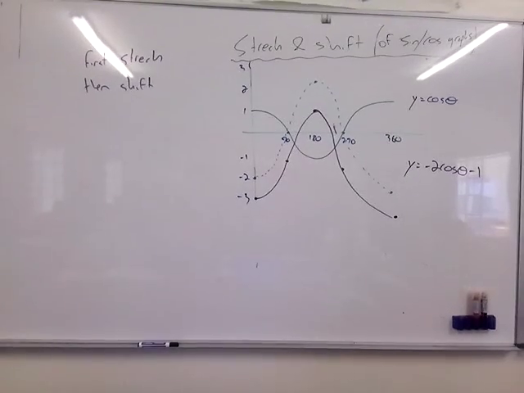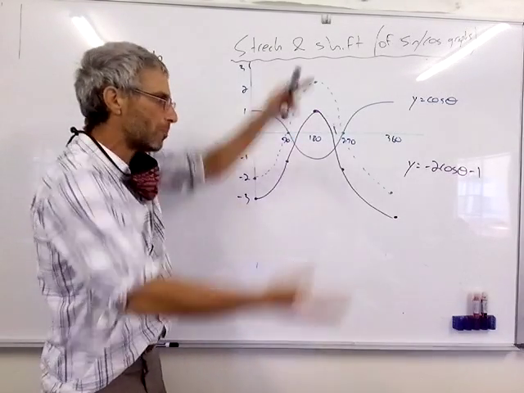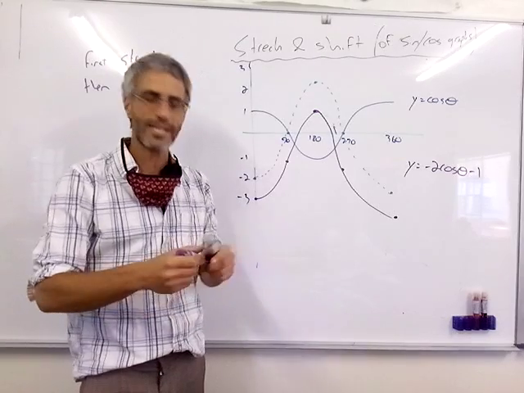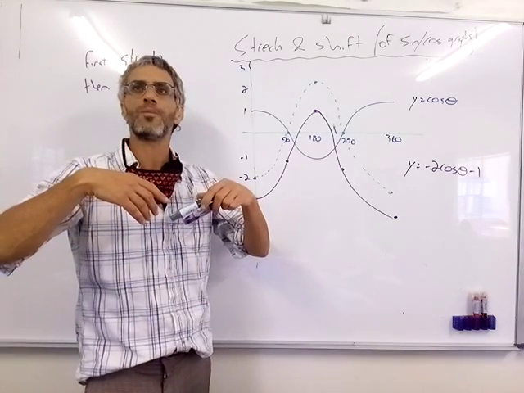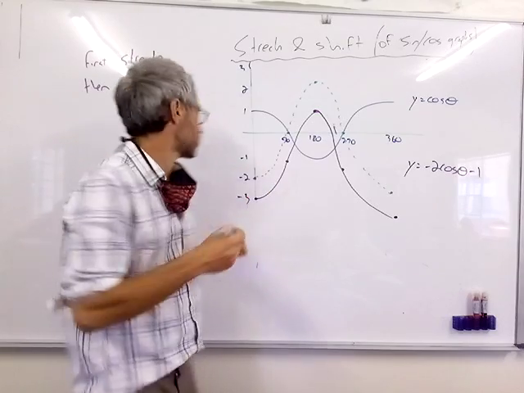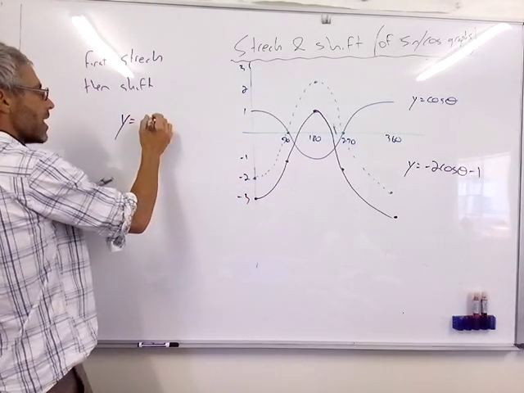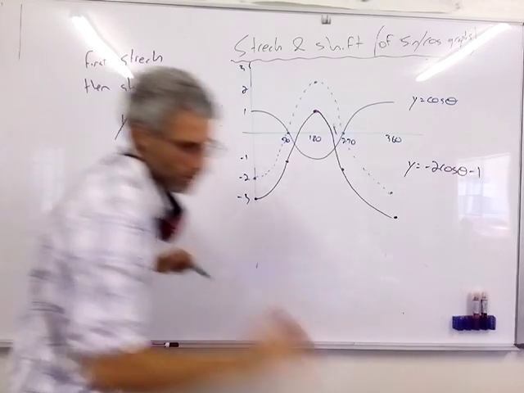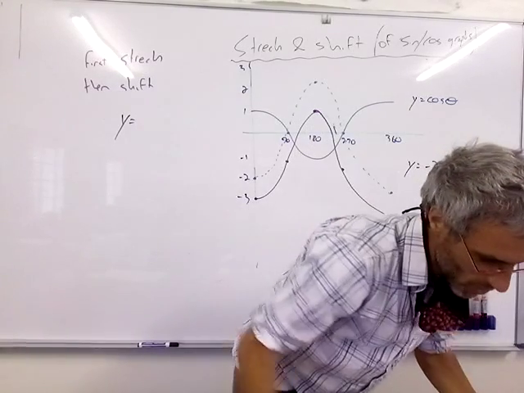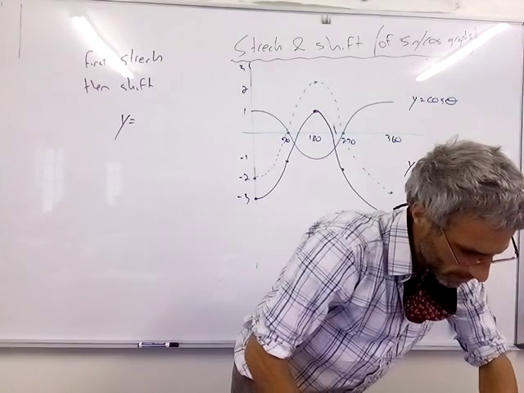Okay, so now that we learned the combination of stretch and shift, we can see what the general sine cosine graph looks like. So we're going to look at two kinds of graph. I want to write it down just as they do it.